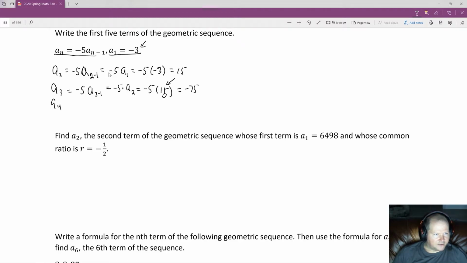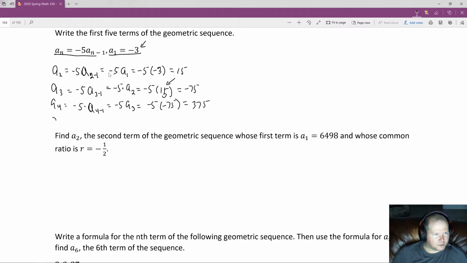Then we have a_4 is equal to negative 5 times the previous one, which is a_(4 minus 1), which is negative 5 times a_3, which is negative 5 times negative 75, which is 375. So the negative times the negative is a positive.